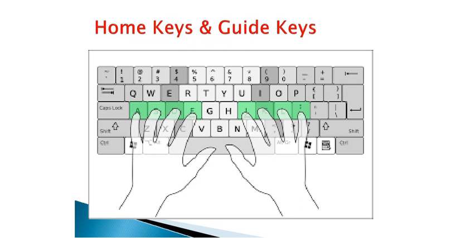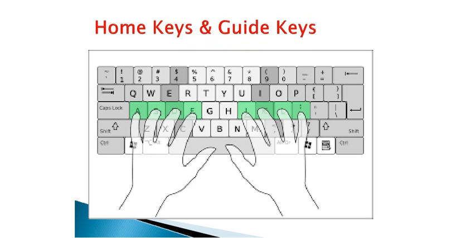These fingers are trained to make the correct movement to other keys, and each finger returns immediately to its respective home position after it has pressed the corresponding key in any other row.